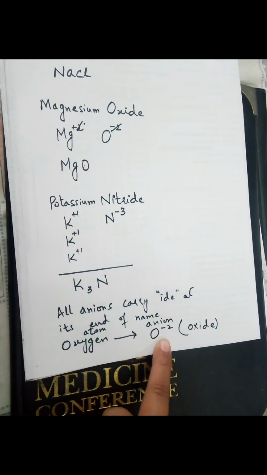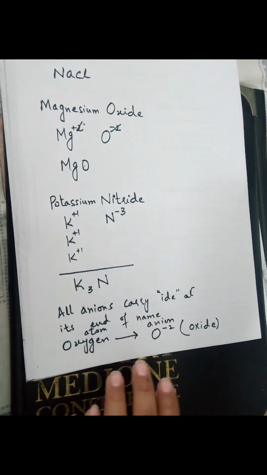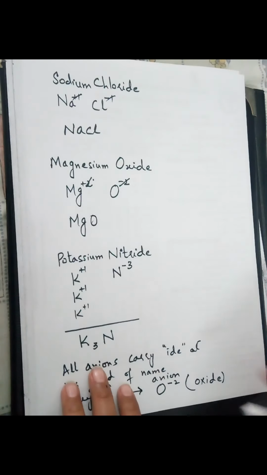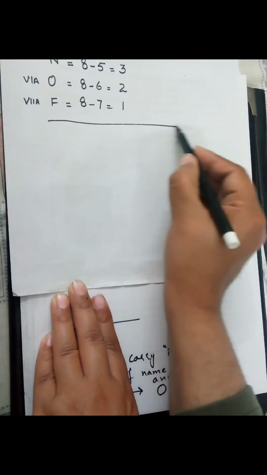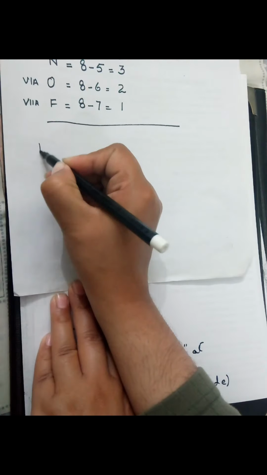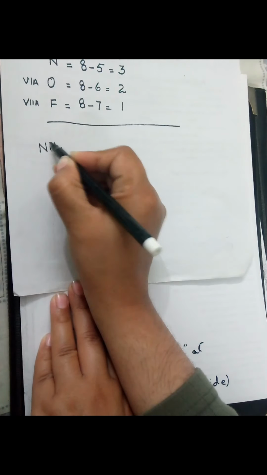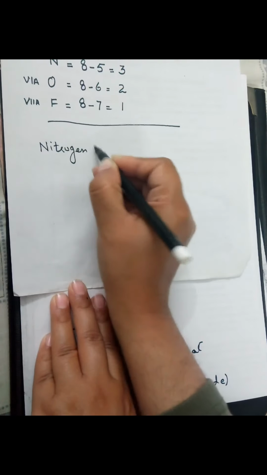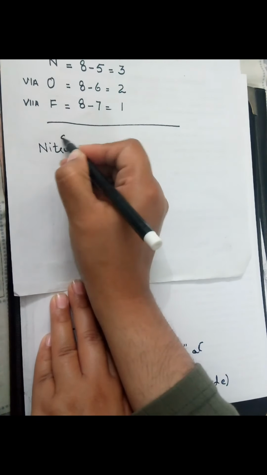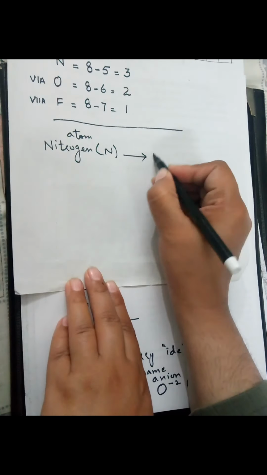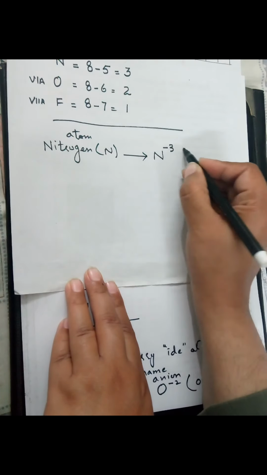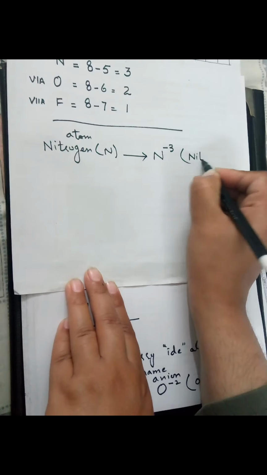Okay. Nitrogen atom. After becoming anion, it would be nitride.